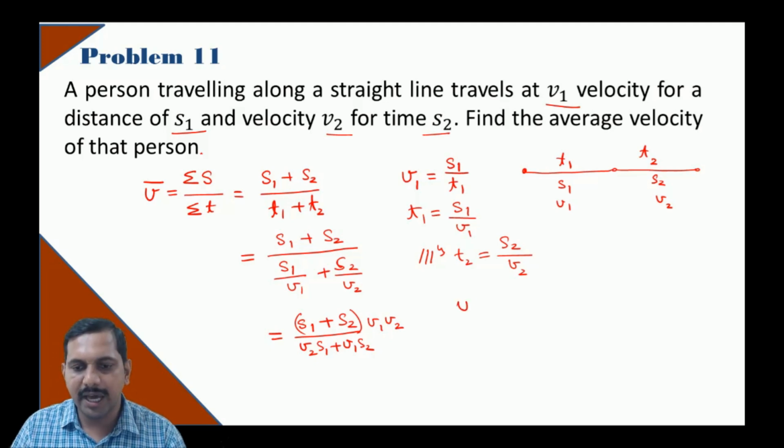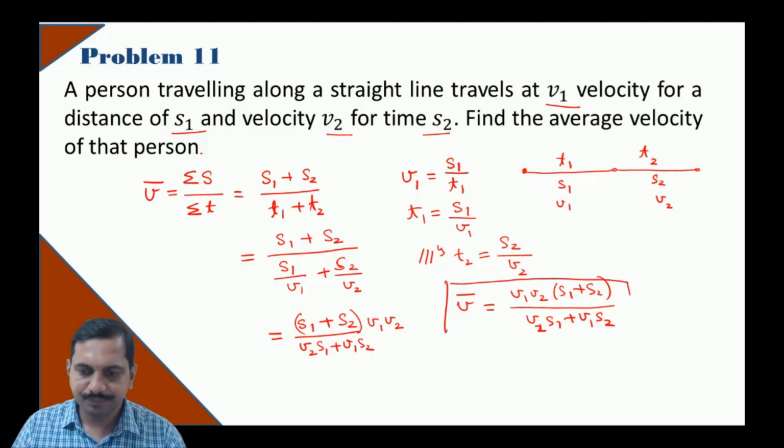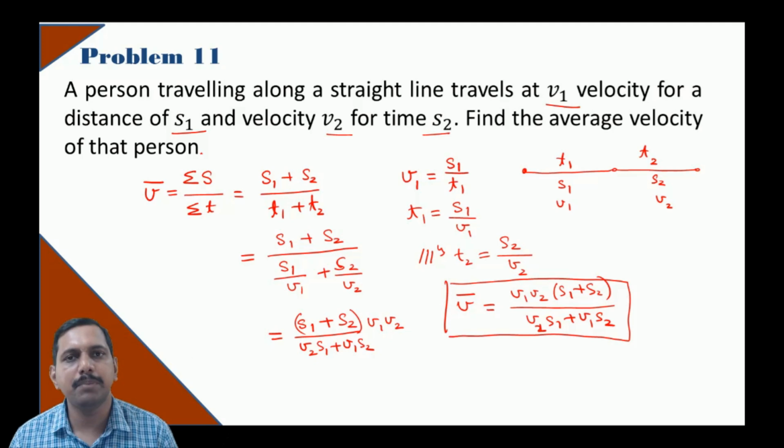So we will get the average velocity as v1 v2 into s1 plus s2 divided by v2 s1 plus v1 s2. This can go as a formula for competitive exam preparation.